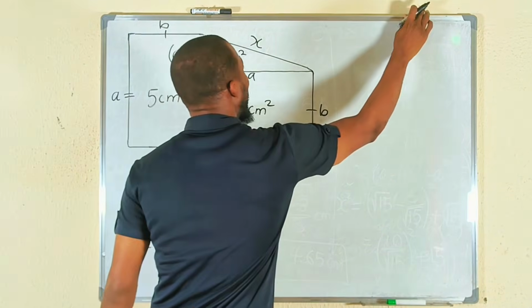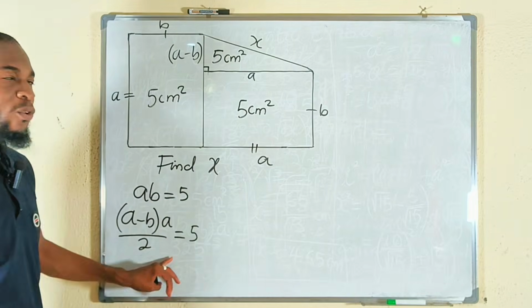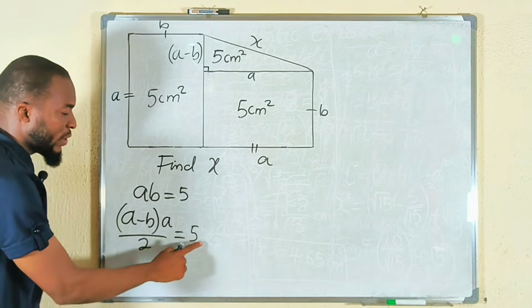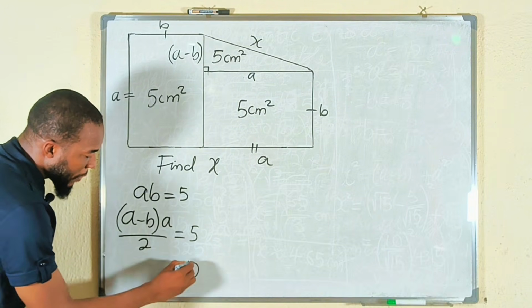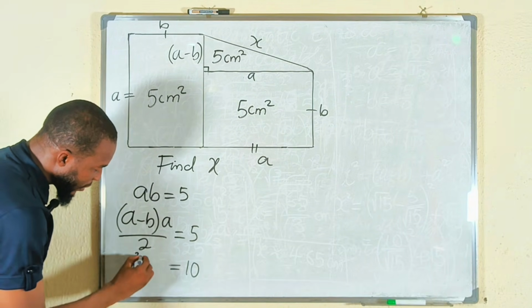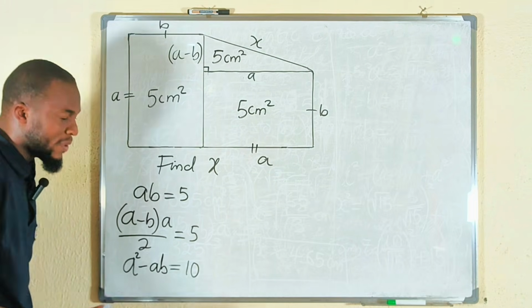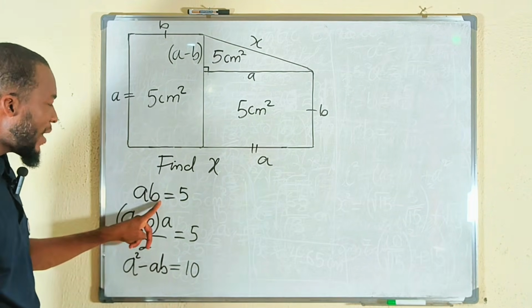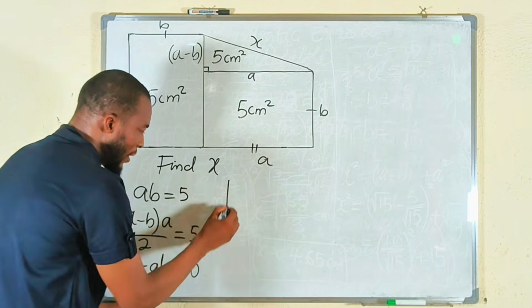All right. Let's cross multiply. 2 times 5 is 10, so on the right hand side we have 10. But I can expand this one. A times A is A squared. A times negative B is negative AB. But we have AB initially as 5, so we can bring it back here.